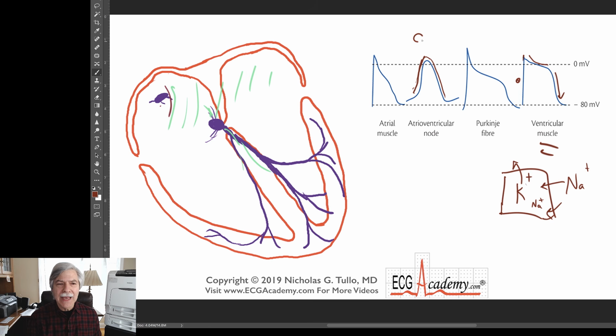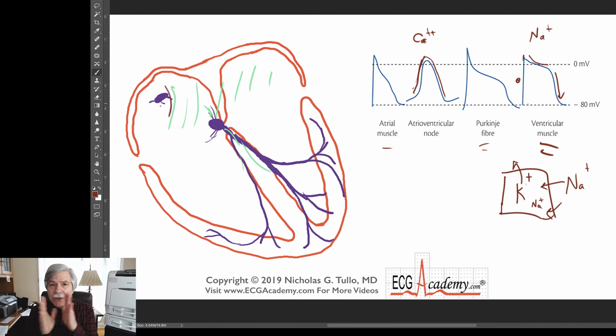So AV node is known as calcium dependent, and all the rest of them, including the atrial muscle, the Purkinje fibers, the His bundle, and the ventricular myocardial cell, they're known as sodium dependent. The difference is this: at faster rates, the refractory period of sodium dependent tissues gets shorter.